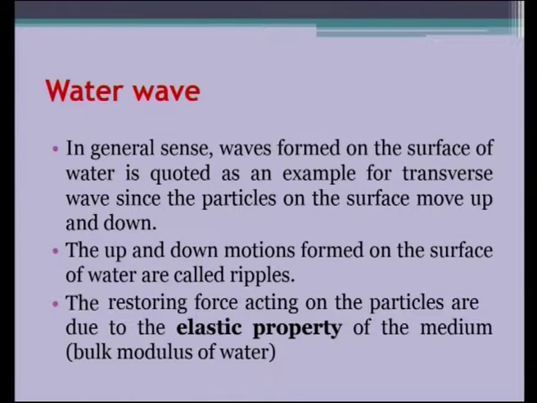So, let us have some basic concepts related to water waves. In a general sense, waves formed on the surface of water are quoted as an example of a transverse wave, since the particles on the surface move up and down. The up and down motions formed on the surface of water are called ripples.